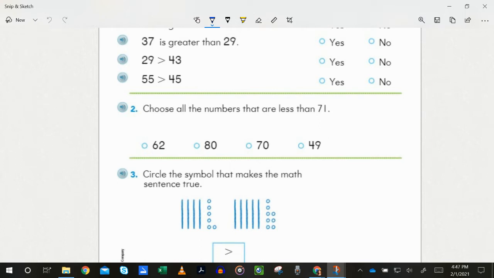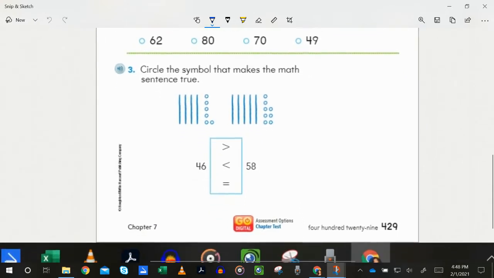Does 70 come before it? Does 49 come before it? If you think so, color in the circle. So more than one of these are less than 71. Fill in the bubble for all the numbers which are less than 71. Not all of the numbers, but all the ones less than 71.